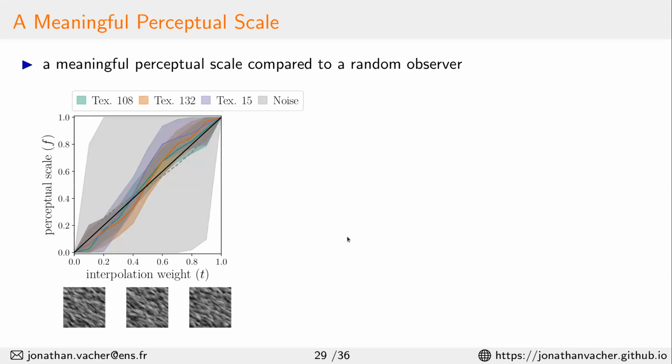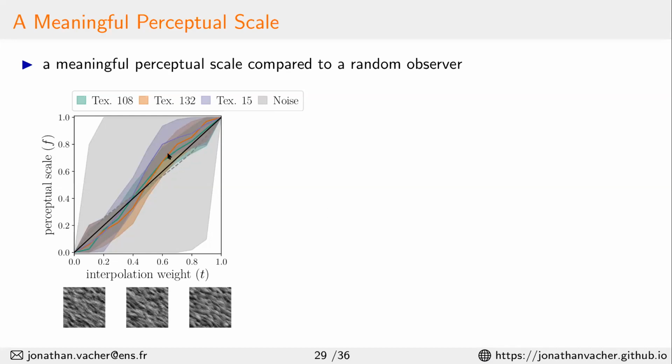So we measured that on textures by interpolating between the Gaussian version of the texture and the more natural texture on 8 participants. Here for 3 textures, we observe similar trends that are barely different from the identity, but consistent. If we were to answer randomly to the experiment, you would have a huge variability in gray, and you would find the identity.